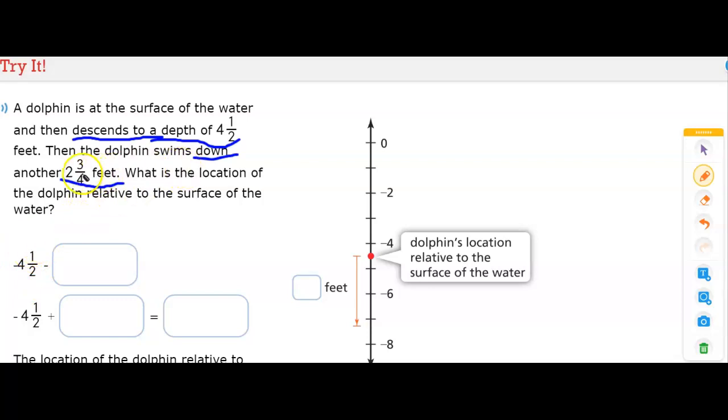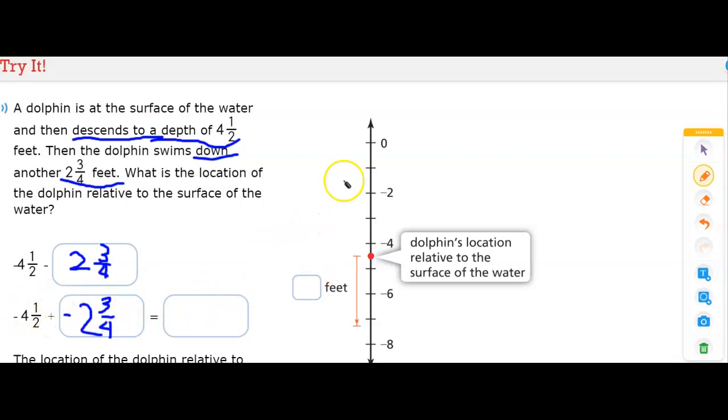Now we know the dolphin swims down further, 2 3/4 feet. So we're going to put 2 3/4 feet here. And then, because it's going down, we know that's going to be a -2 3/4 feet. And so now we need to solve.